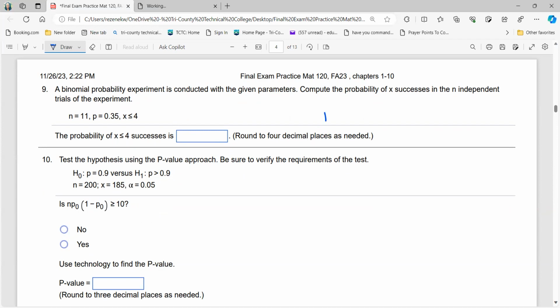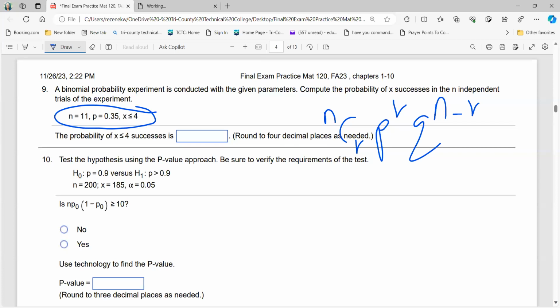Remember that the binomial formula is n combination r, success to power r, failure to power n minus r. Well, this question is a cumulation. The sample space is 11, and they want you to find the accumulation from 4, because 4 is included, to 0.